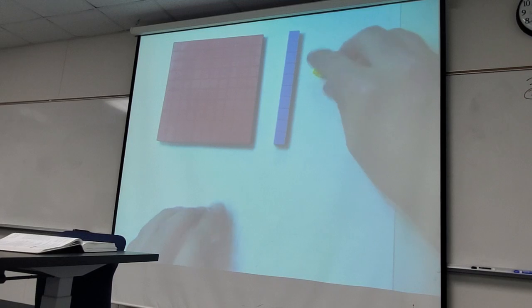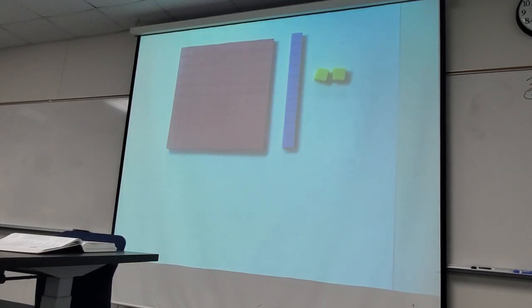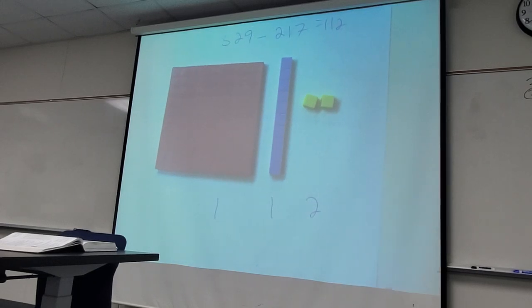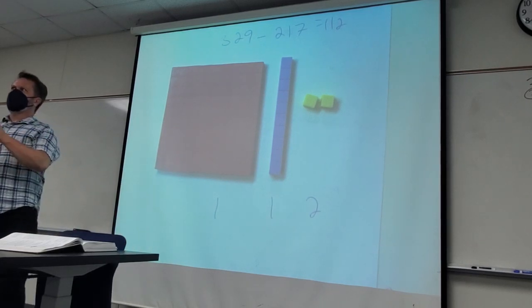So then what's our answer? 1 flat, 1 long, 2 units. I like it. So we get 1, 1, 2. 112. What do we think about that? Okay. So very simple. I can't remember if I actually let you guys play with these things before, but that's where we're going to start.